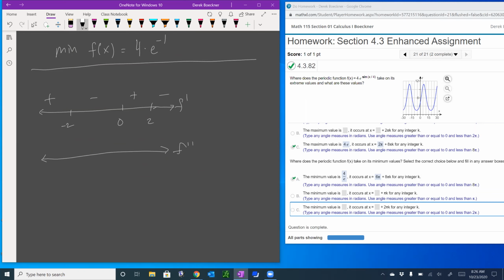And it tells me I have 2 points, one at -1, one at 1. And f double prime is negative here, positive in here, and negative in here.